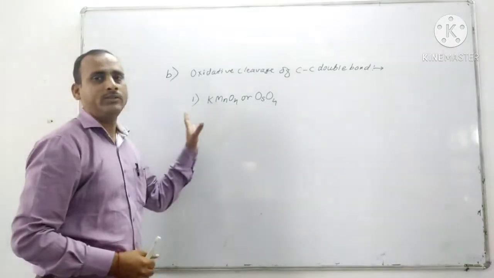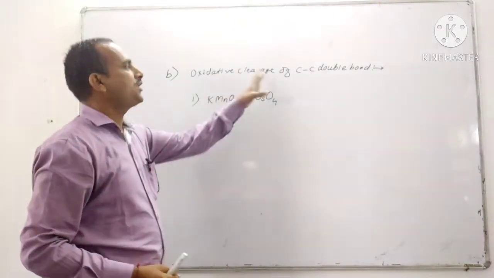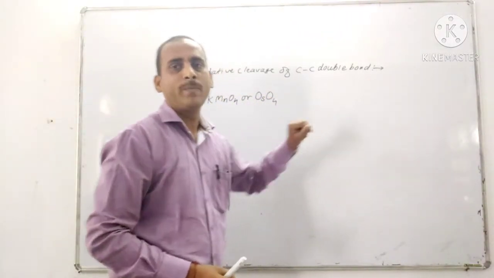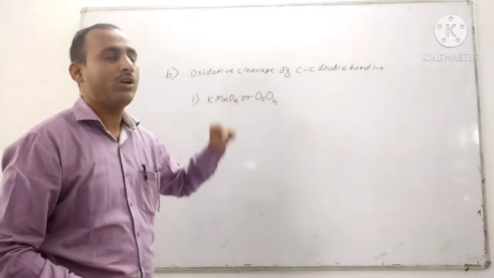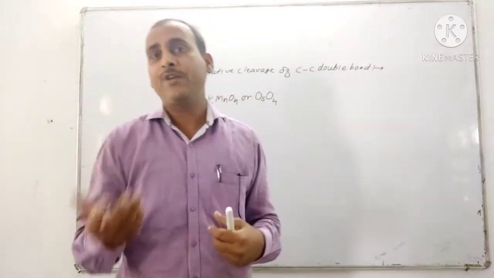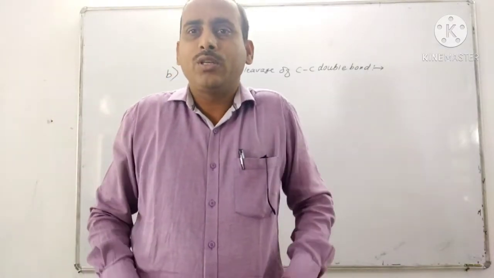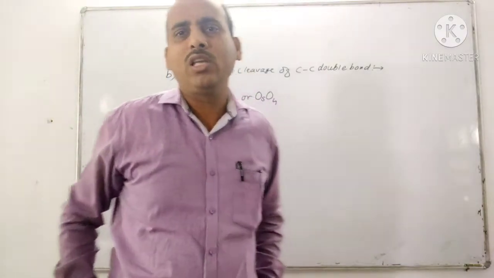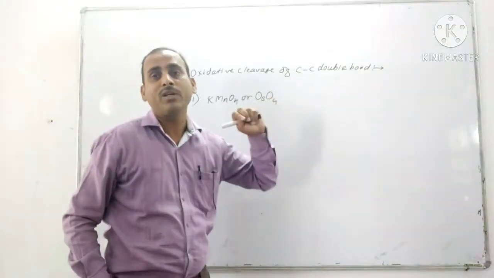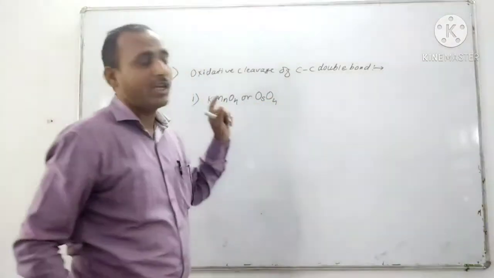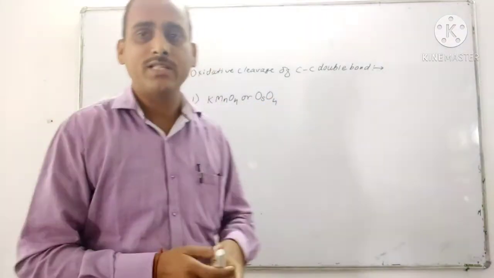Let's start the next, oxidative cleavage of carbon-carbon double bond by using KMnO4 or osmium tetroxide, or by using ozone, or we can also use peracid for the oxidative cleavage of carbon-carbon double bond. So let's see first KMnO4 and osmium tetroxide.